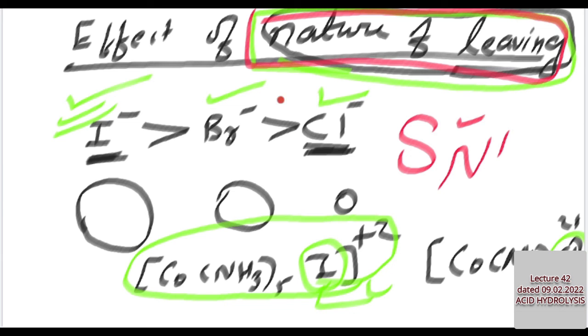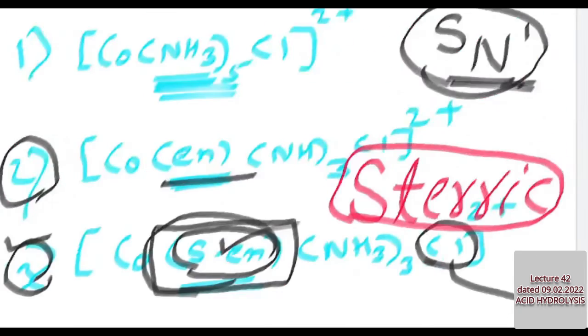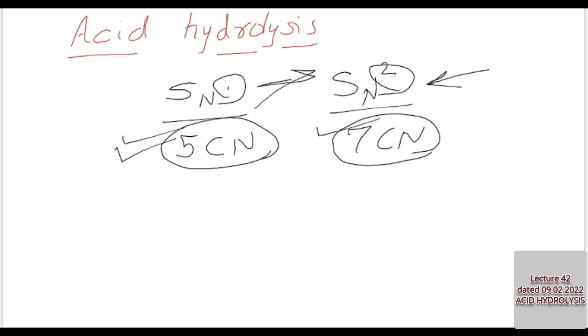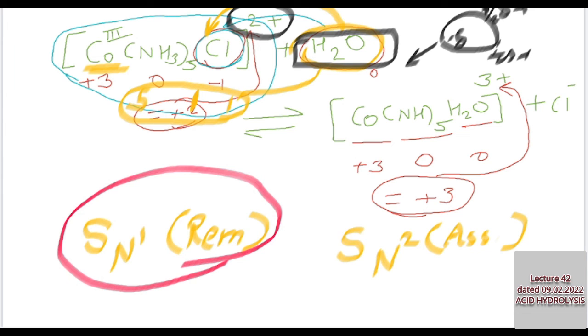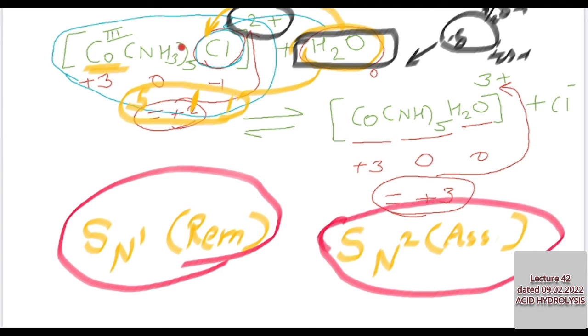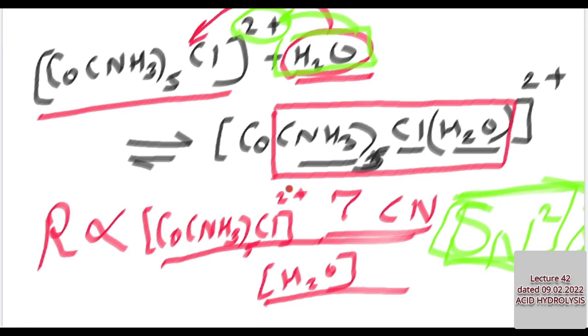So students, firstly, I am now discussing what our today's learnings are. See, we're talking about the acid hydrolysis reaction. Two ways are there: one is 5 coordinate intermediate formation, the other 7 coordinate intermediate. One is SN1 and the other is SN2. SN1 means removal, a dissociative mechanism, and SN2 means an associative mechanism, with charge separation that I discussed there.